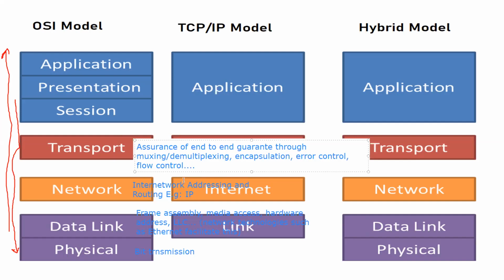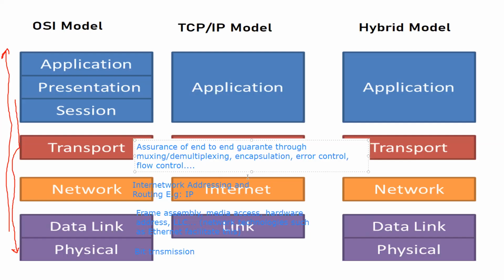That's why we do have TCP port 80 for HTTP, TCP port 443 for HTTPS, port 20 and 21 for FTP, UDP port 69 for TFTP. All these kinds of issues are going to come. Multiplexing and demultiplexing is the reason there.